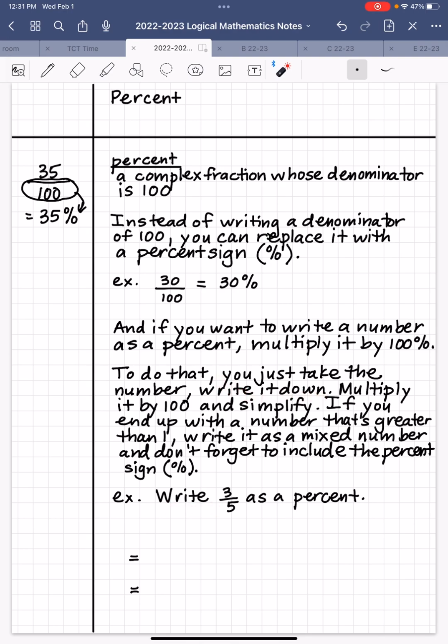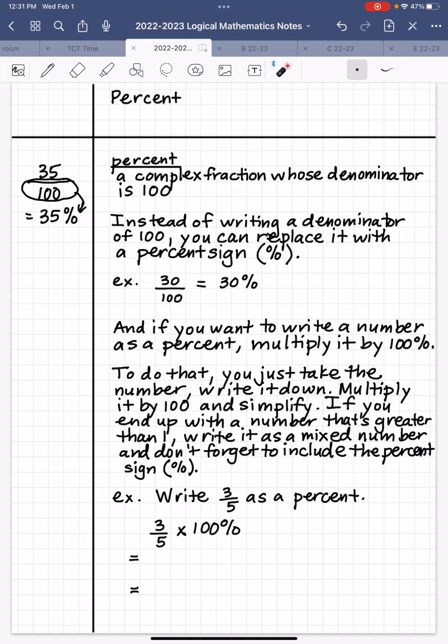So we're going to take 3/5 because we want to write 3/5 as a percent. So we're going to take 3/5 and write it down. And the opening lyric to that section says, and if you want to write a number as a percent, multiply it by 100%. So I'm going to do exactly that. Multiply it by 100%, just like that.